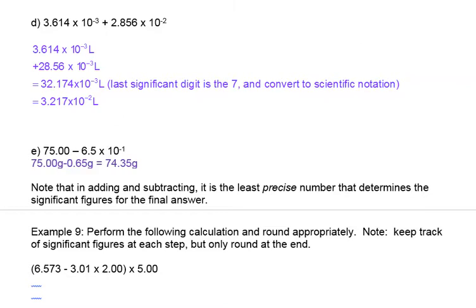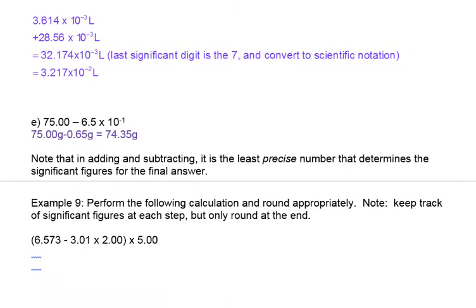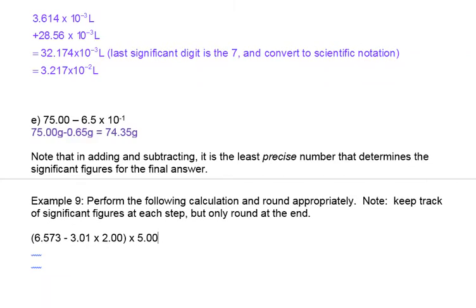If you are doing multi-step calculations, you need to keep track of the significant figures at each step, but we only round once. So although we're keeping track, we don't round till the very end. So our first step, we do the multiplication inside the brackets. And we can see that's 3 significant figures times 3 significant figures.